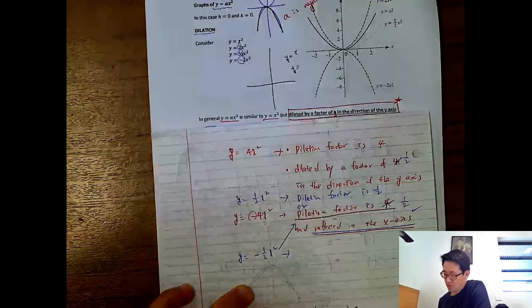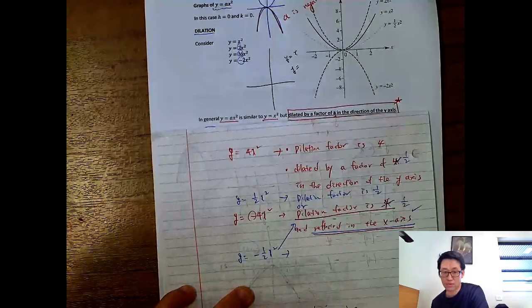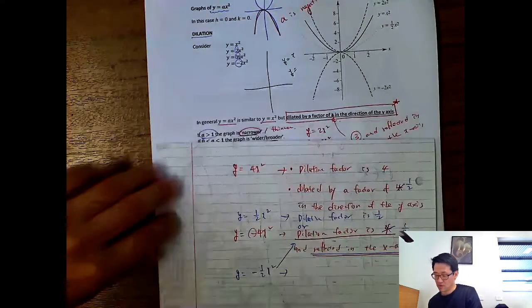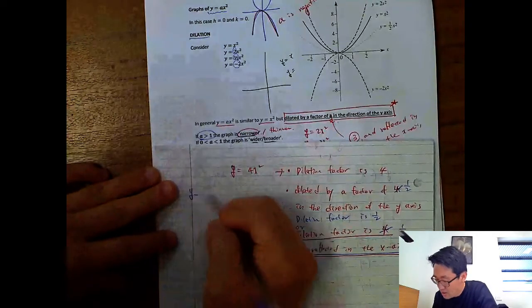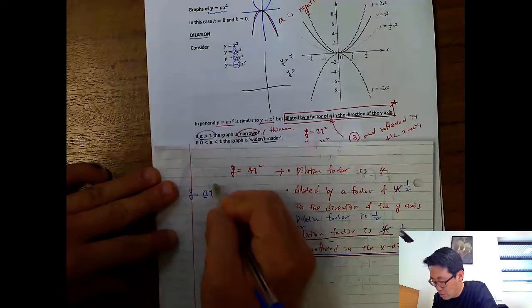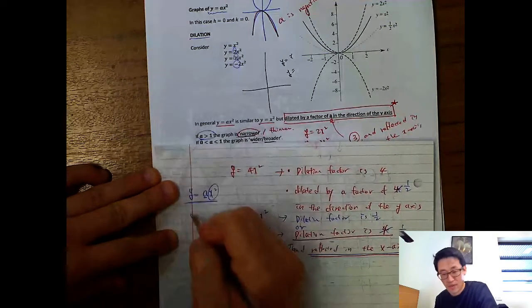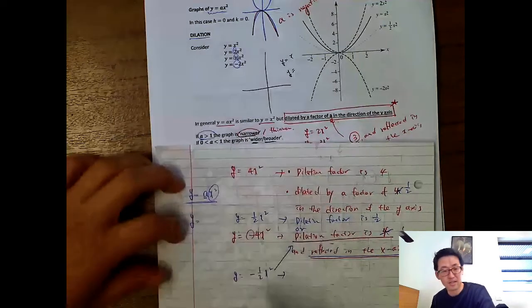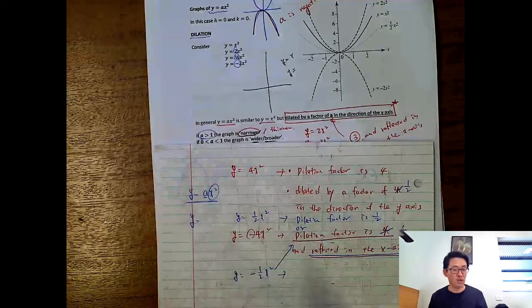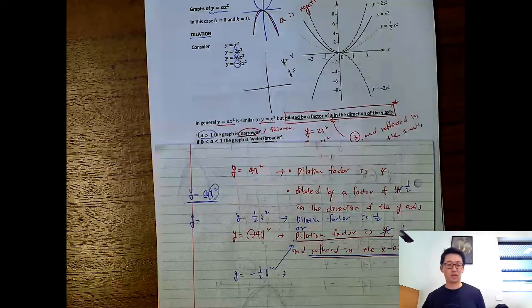Yeah, so I'll write it down this way. Hopefully you're able to write it down, okay? So I checked y equals ax squared when a changes, where a was in front of x squared. Good? And then we checked when a is negative, when a is bigger than 1, when a is between 0 and 1. I'll just summarize quickly.